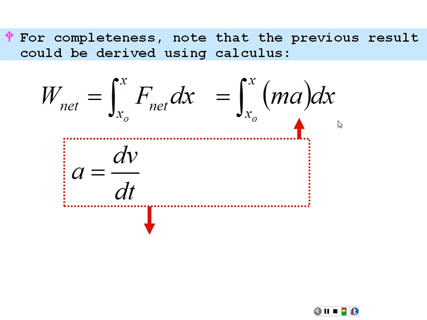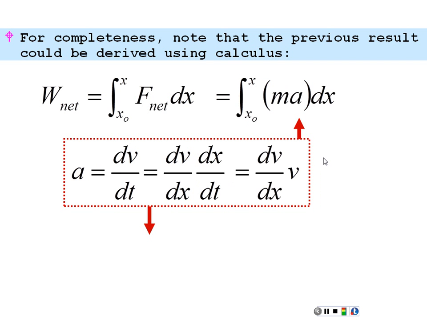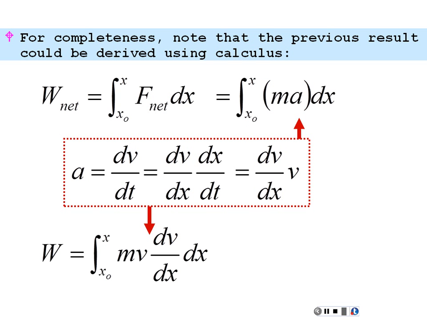We're going to say that the acceleration is dv/dt, and I'm going to say dv/dt is the infinitesimal change in velocity per dx times dx/dt, which I can write as dv/dx times the velocity, dx/dt.